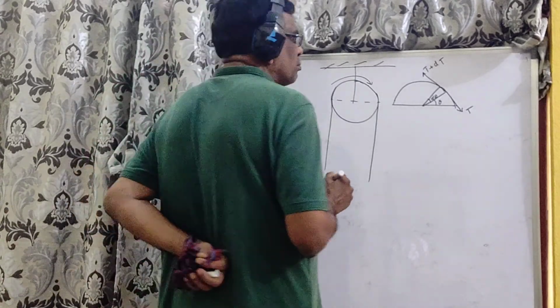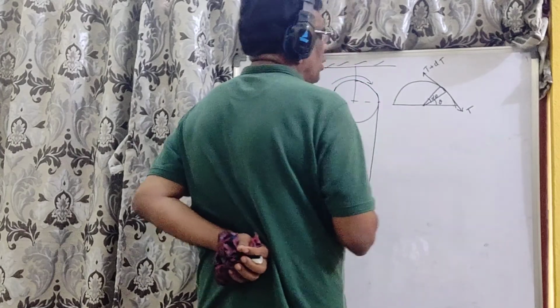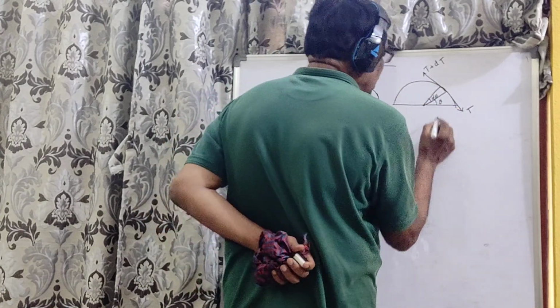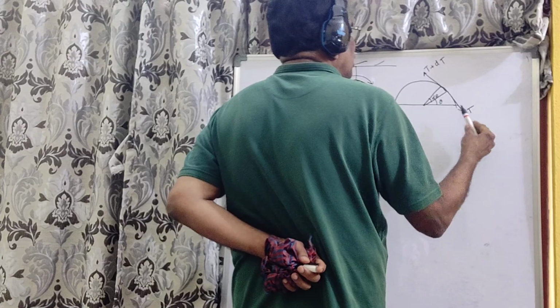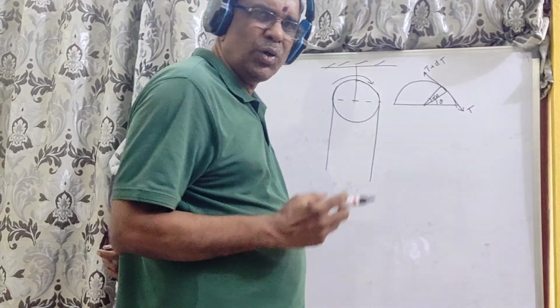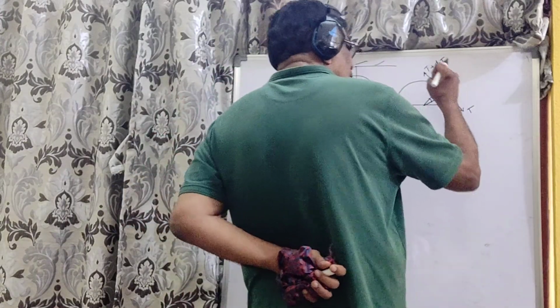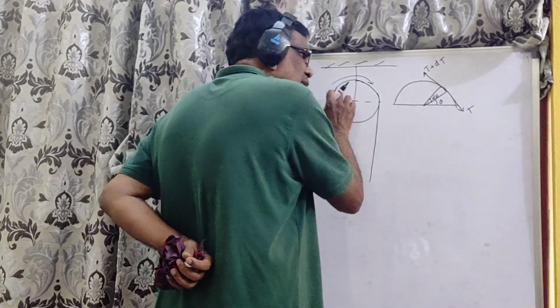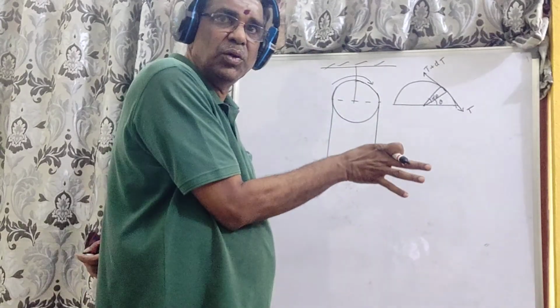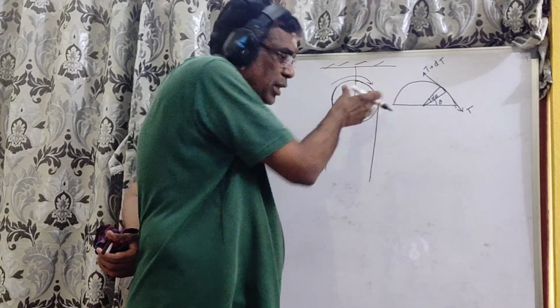Now, if you really see this carefully, it's not slipping. What do you mean by that? Actually, the tension is more on this side. You know that very well. Tension is more on this side. That's why it is rotating.